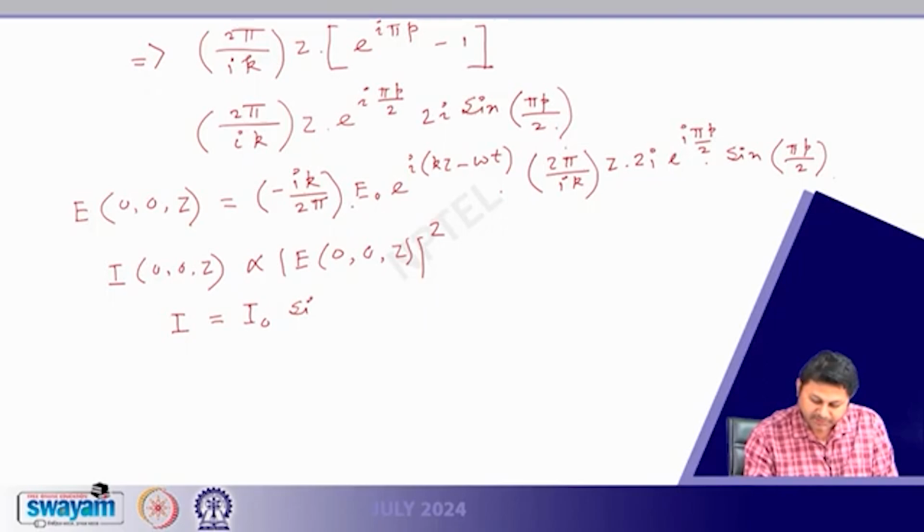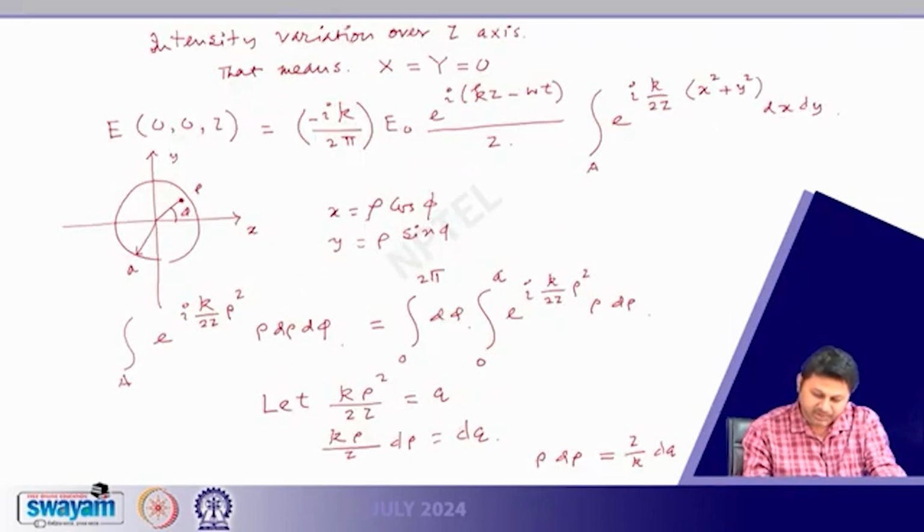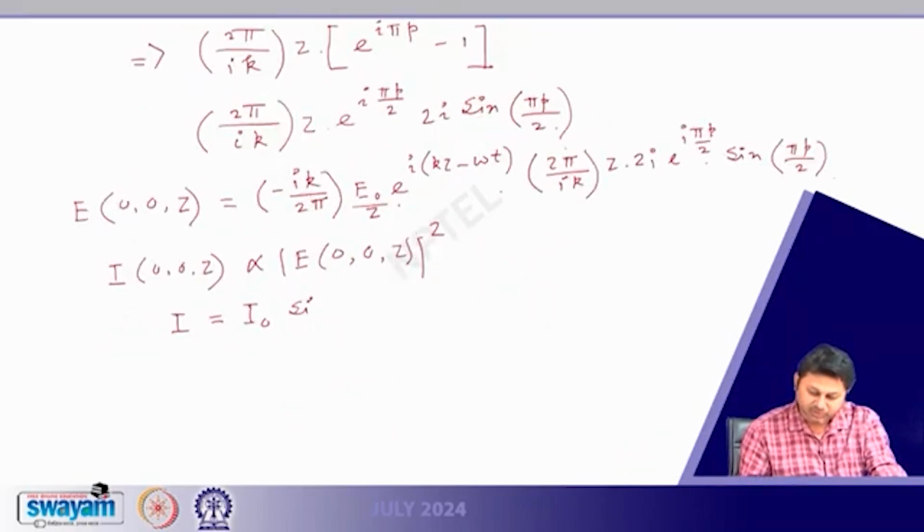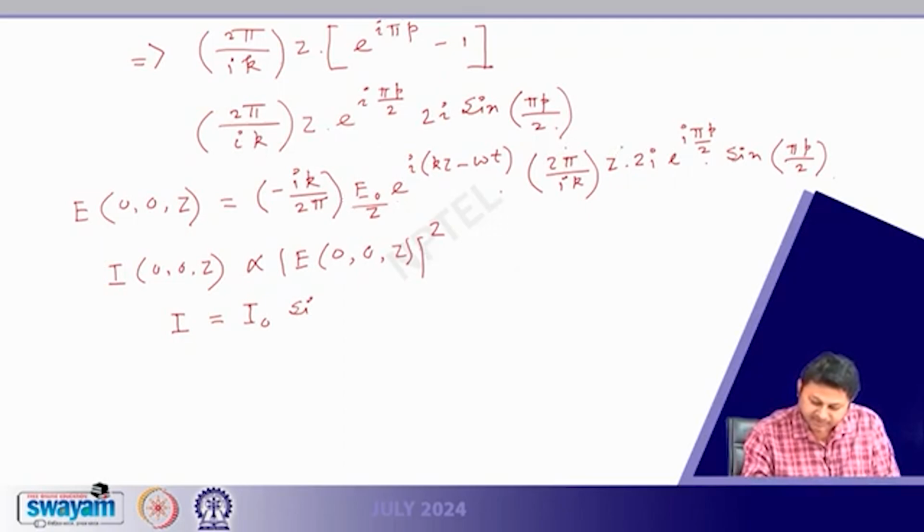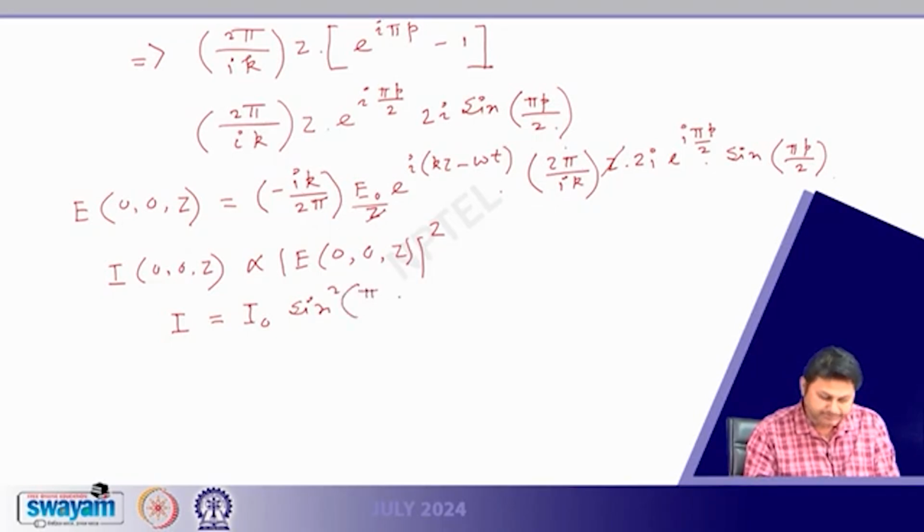Here we have divided by z term, because that is important. Let me go back and check it. Yes, here we have divided by z. So these z will cancel out, and if I take the mod sign, everything will go away except this sine square of pi by 2 p term.